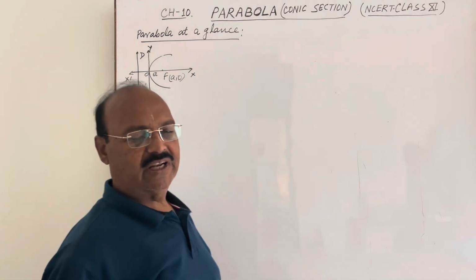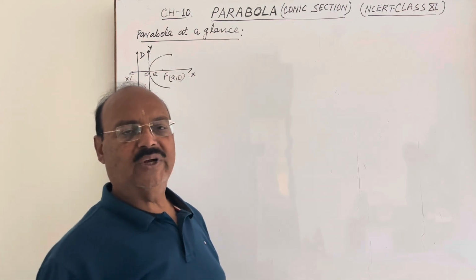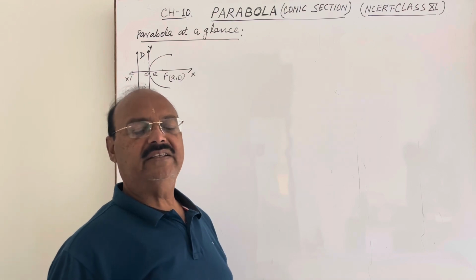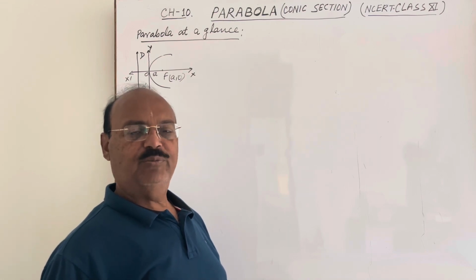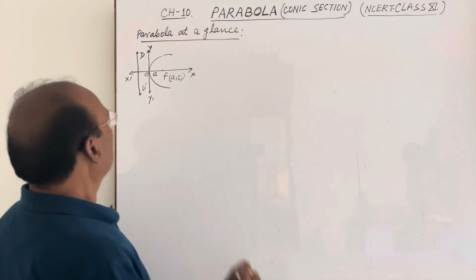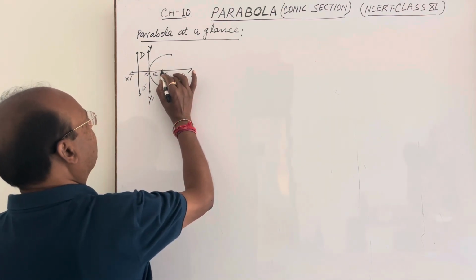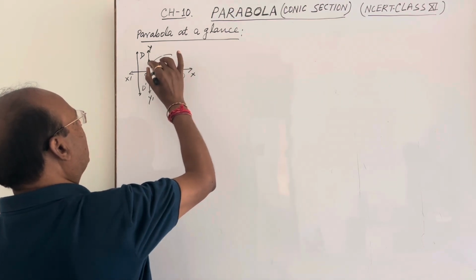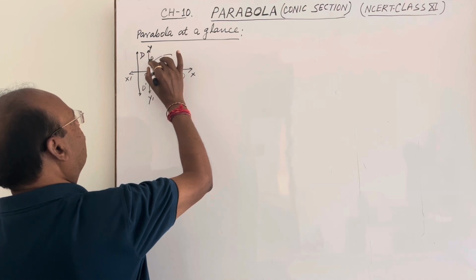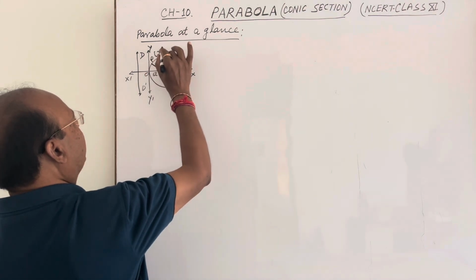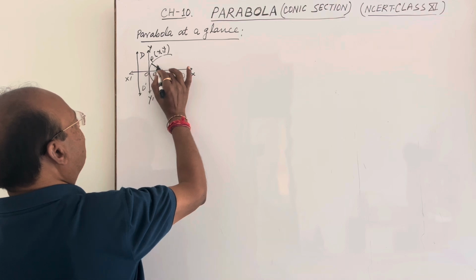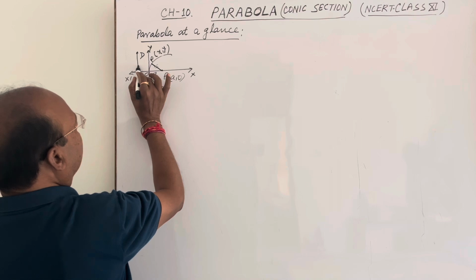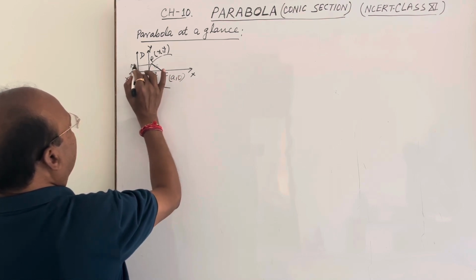And we have defined a parabola. That parabola is a locus of a point, or a path traced out by a movable point which moves such that it is equidistant from a given point and a given line. So this focus is the given point. If you take any movable point P on this parabola having general coordinates x, y, then this distance PF will be equal to the perpendicular distance on the directrix, this is PM.